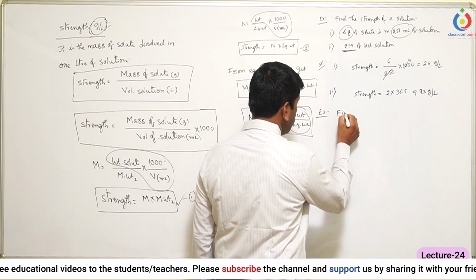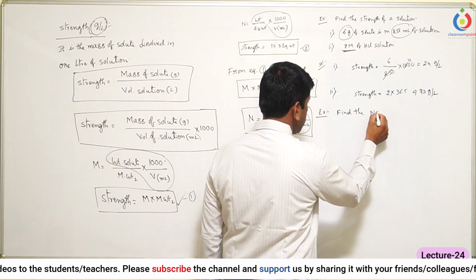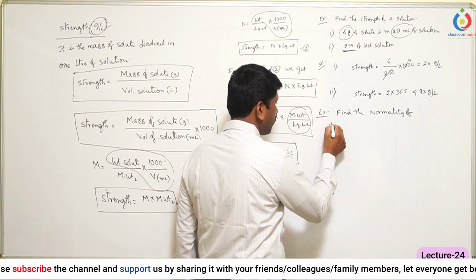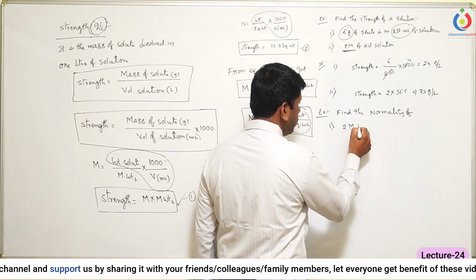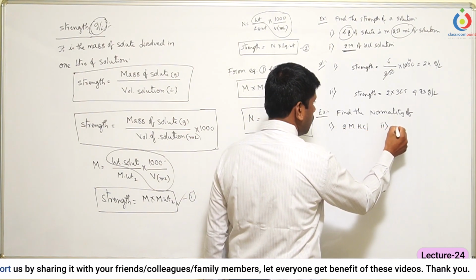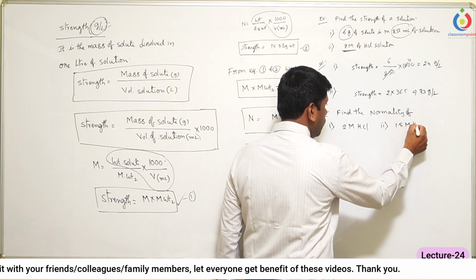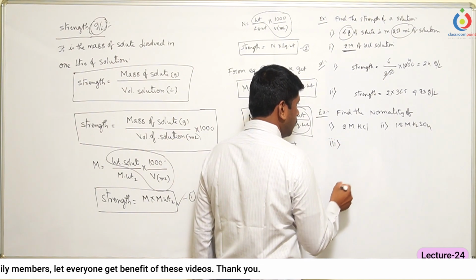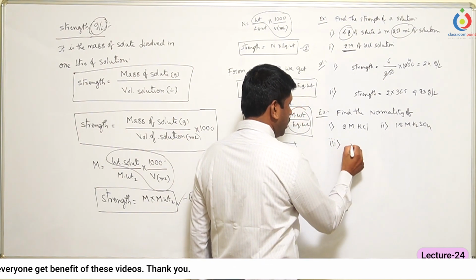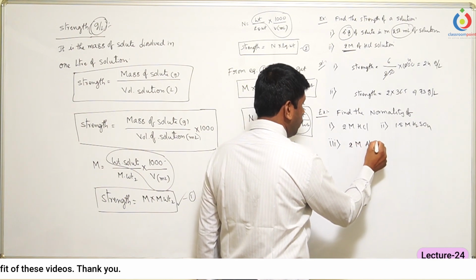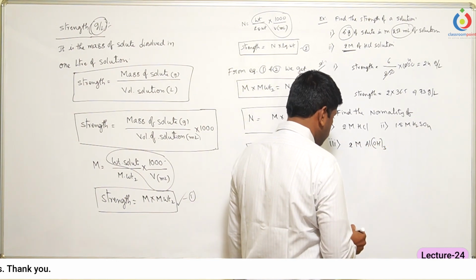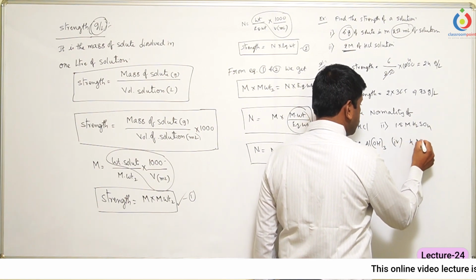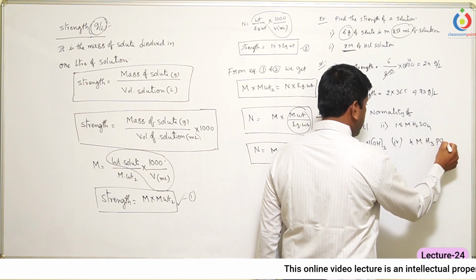Example: find the normality of a 2 M HCl solution, a 1.5 M H2SO4 solution, a 2 M aluminum hydroxide solution, and the fourth one is a 4 M H3PO4 solution.